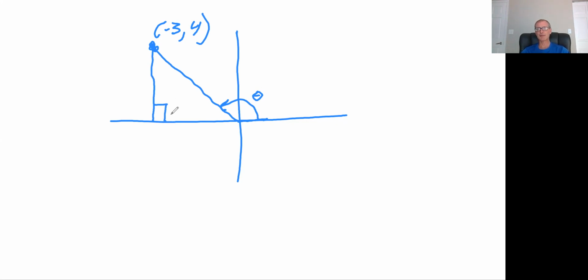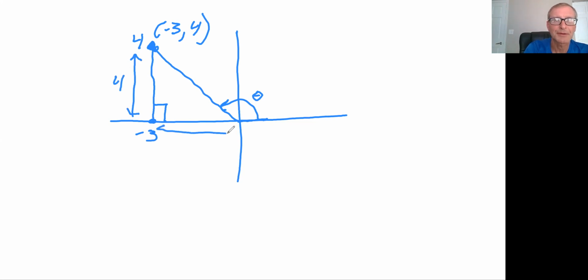You'll see that we're going to give you some lookup tables shortly in this section. In the calculation here, this point on the x-axis is minus 3, and this point up here on the y-axis is plus 4. So this height is 4 units, and this length is 3 units.